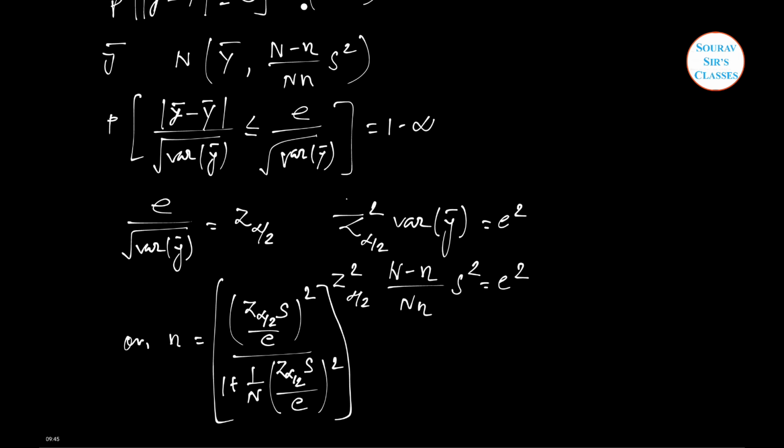If capital N is large, then small n equals (z alpha by 2 S by E) square.